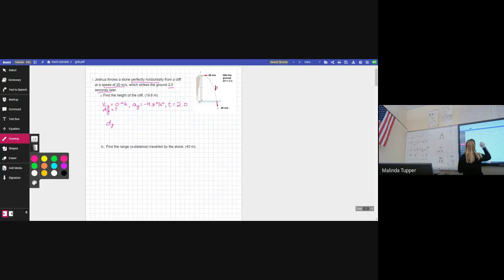So my vertical height is the initial vertical velocity times the time plus 1/2 times the vertical acceleration times the time squared. Okay, since I know that my initial vertical velocity is 0, this whole term goes away.